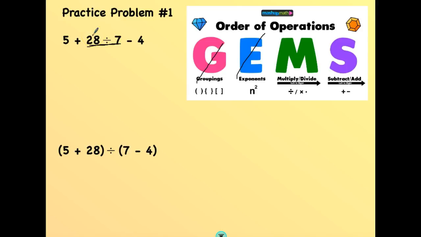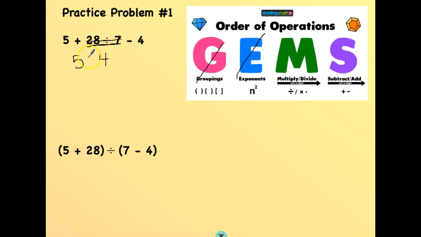So what is 28 divided by 7? Well, it's 4. This is how we evaluate a numerical expression. We solve 28 divided by 7, we cross it out, and we write down the answer right underneath it. And then we bring down the rest of the problem that still has yet to be solved.